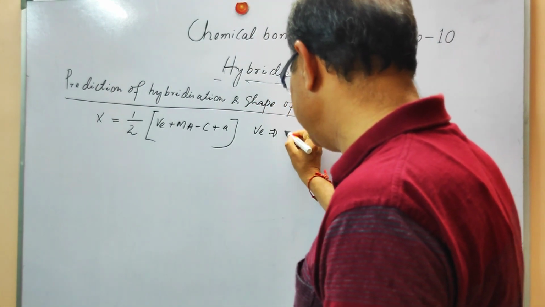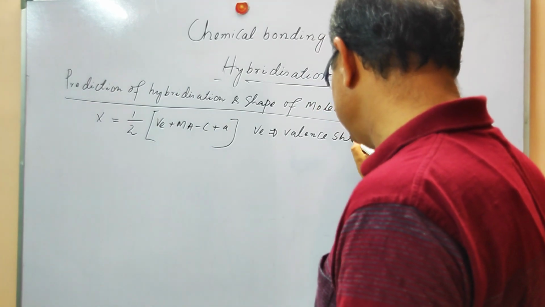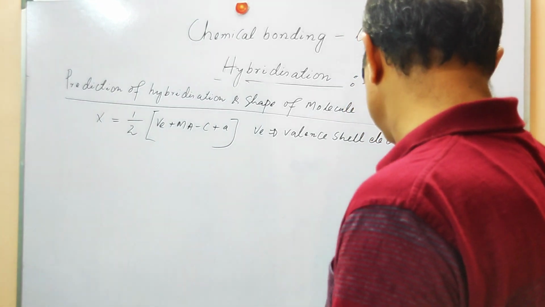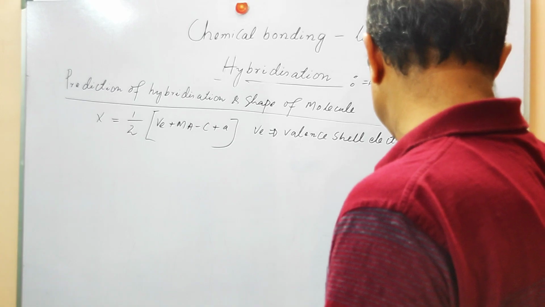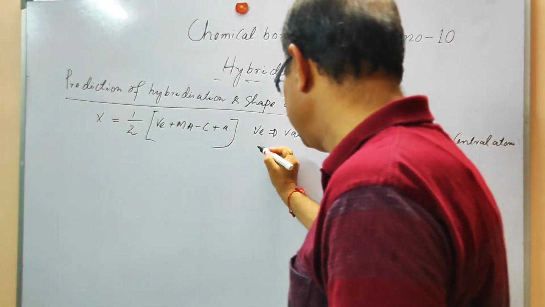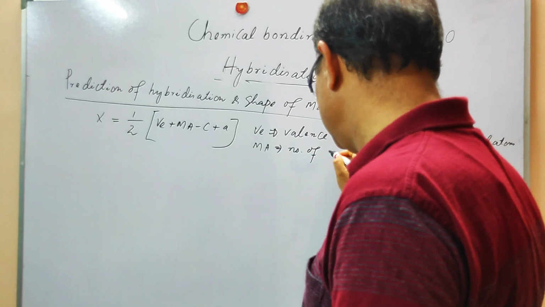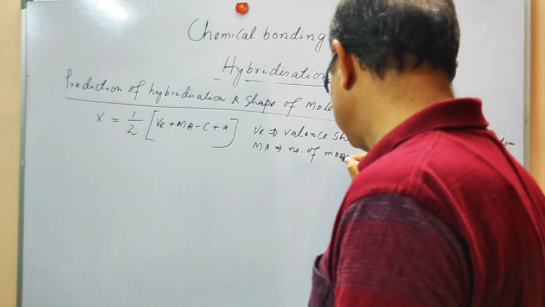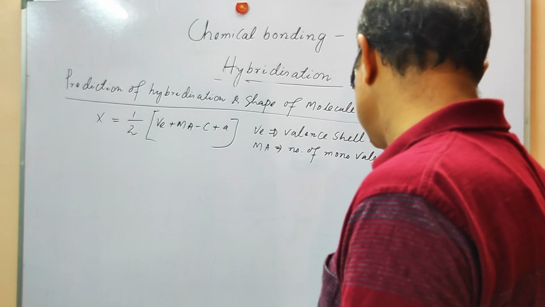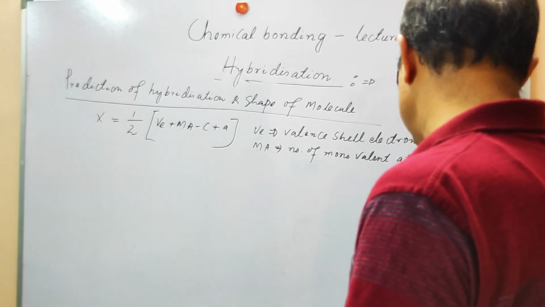V is the valence shell electrons at the central atom. Ma is the number of monovalent atoms attached to the central atom.